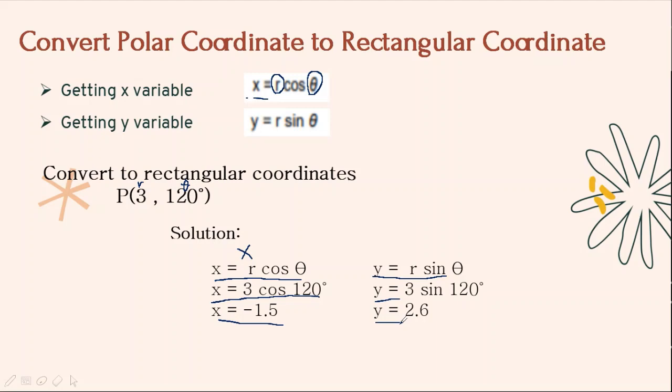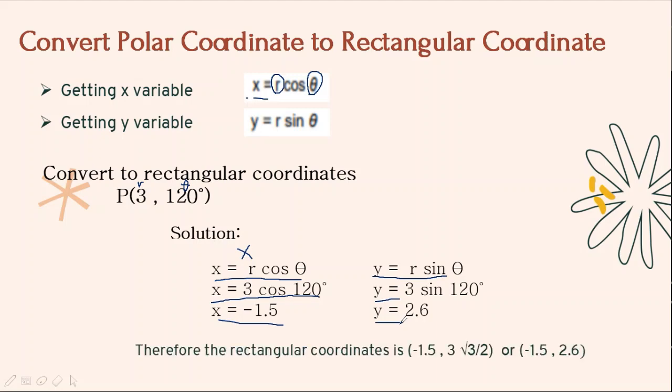So therefore, the rectangular coordinates is (negative 1.5, 3 square root of 3 over 2) or (negative 1.5, 2.6).